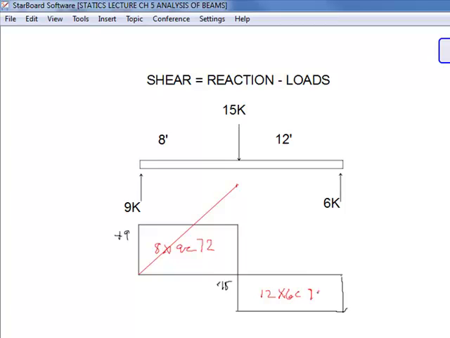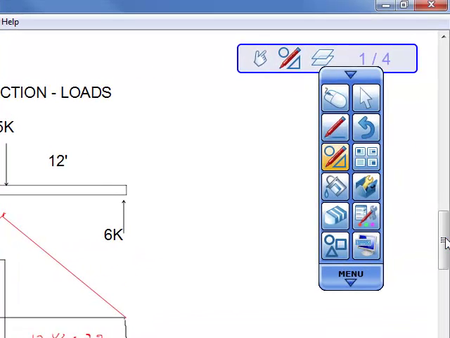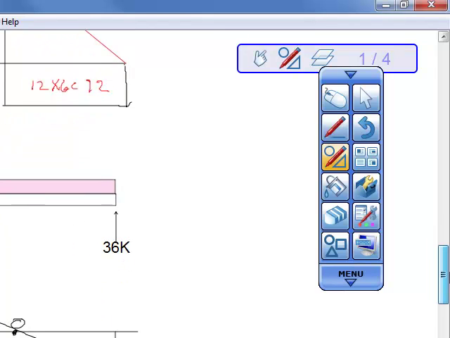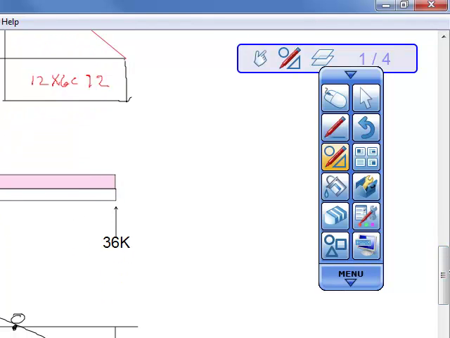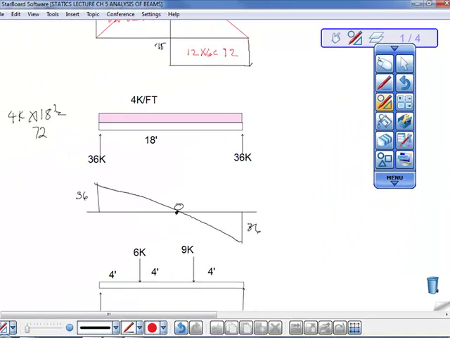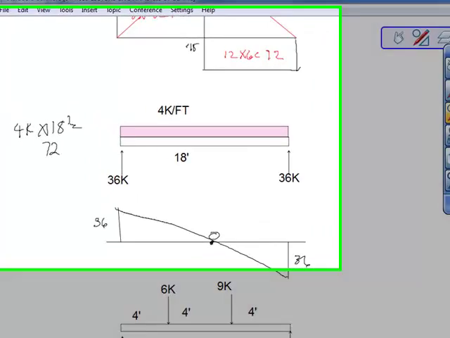So then we're going to go back down to there, and that's going to equal the area of this, the maximum moment right there.